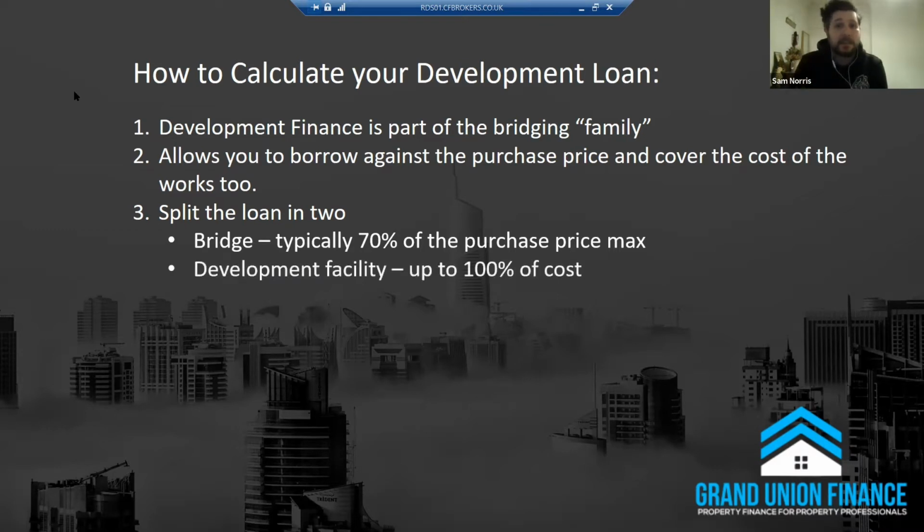The next section is the development facility. And this can cover up to 100% of the cost of the works. Now, it's very important to understand with this that the tranches of funding that we organise through a development finance facility will be drawn down in arrears, which basically means that if you had £100,000 worth of work, for example, and there were 4 tranches and they were £25,000 each, you would need to pay for the first £25,000.